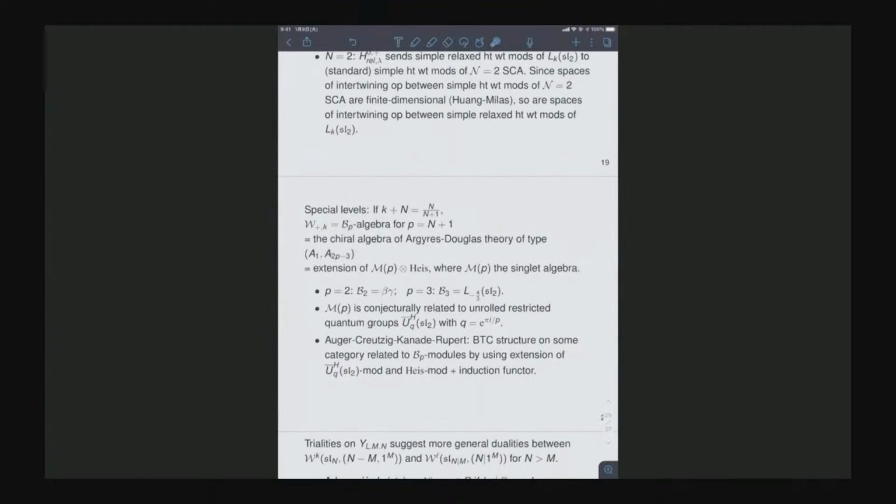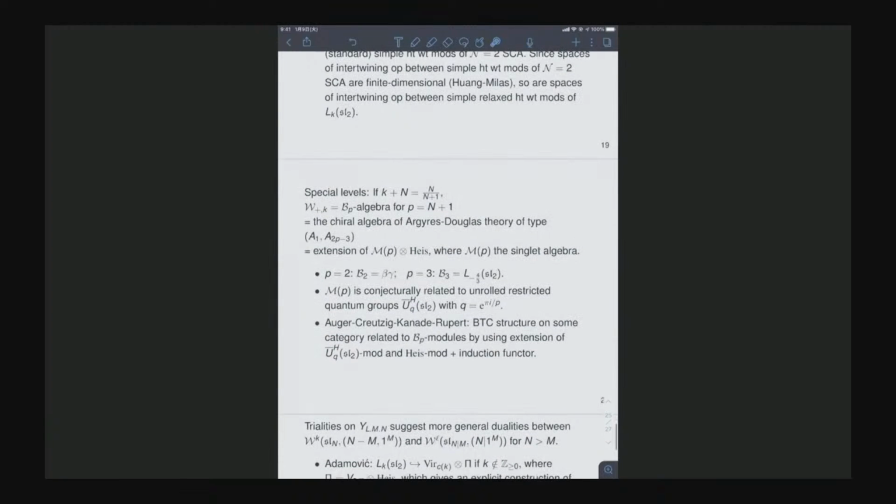This is known to be an extension of M(p) tensor Heisenberg, where M(p) is the singlet algebra. This is also a logarithmic CFT algebra. Examples: B_2 is a beta-gamma system, and B_3 is affine SL2 at level minus 4/3.